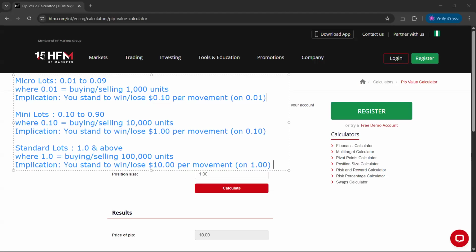Remember that the implication of those lot sizes is in the dollar value or the naira value that you will be charged or that you will gain for every price movement for or against you in the market.